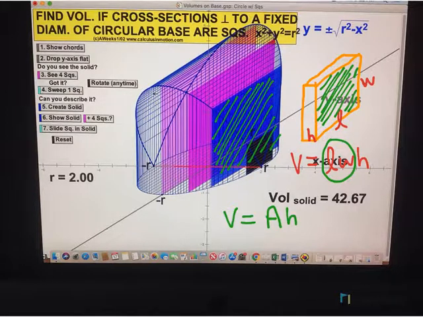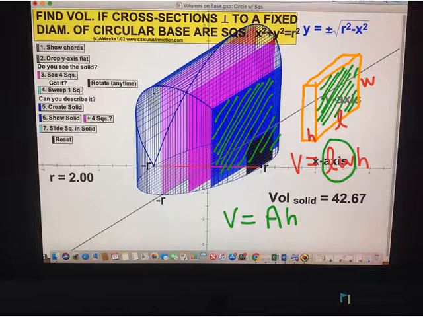So to approximate the volume of this solid, we're going to find the volumes of several rectangular prisms, and then we'll add these volumes together, and that'll give us an approximation for the volume of the solid. So how do we go about this in a very precise and methodical way?